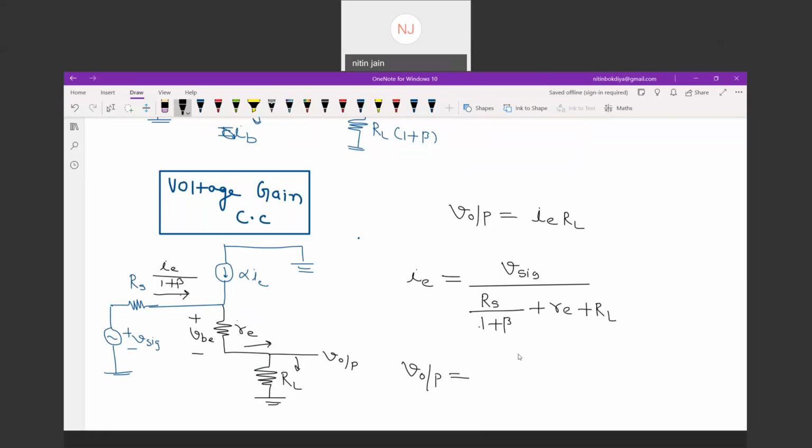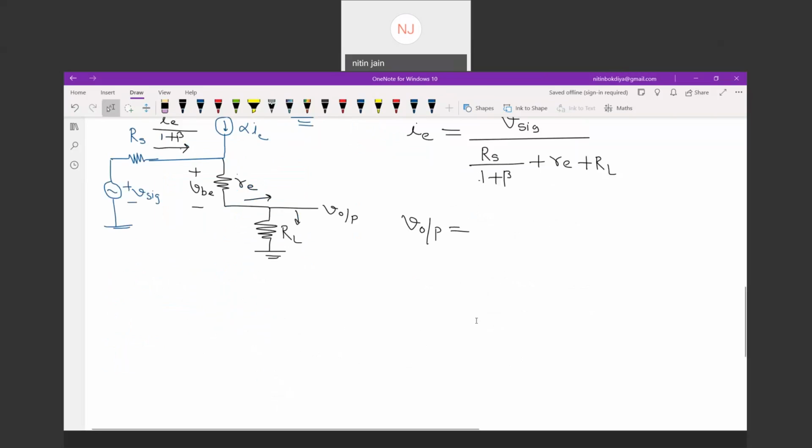So what is IE? V output for the circuit is equivalent to IE into RL.